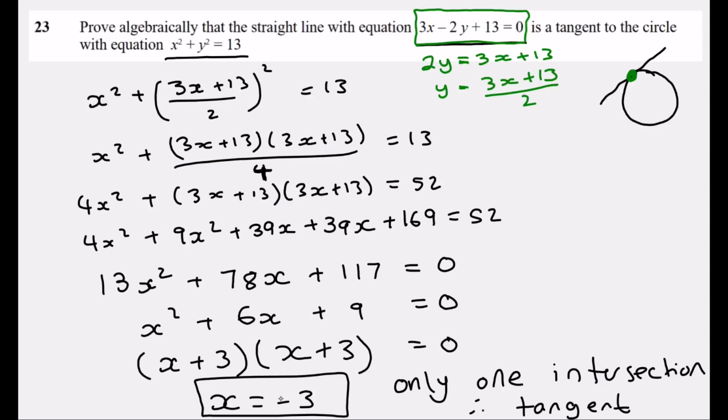We could go on and find out what the y coordinate is. We weren't actually asked to do it, but we just have to substitute negative 3 into our linear equation, and that will tell us the y coordinate of the point where the line touches the circle. But we've only got one answer, so that means it is a tangent.